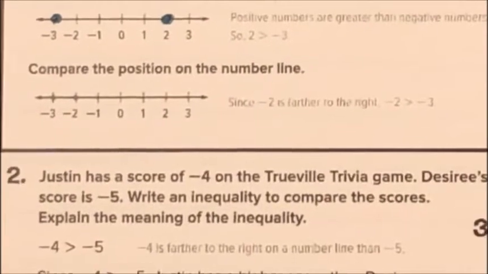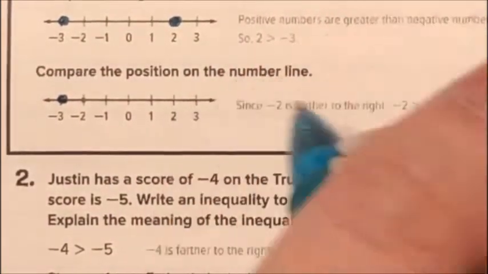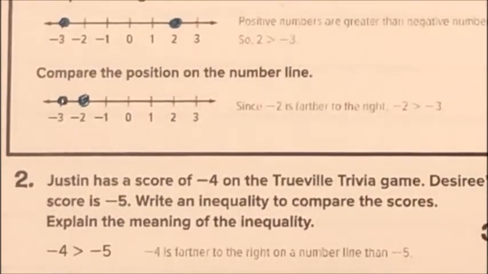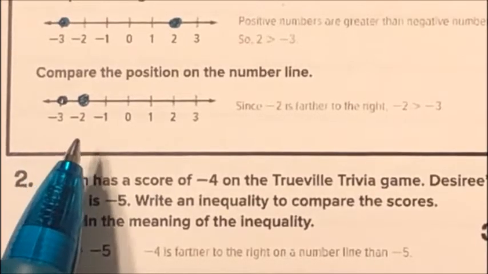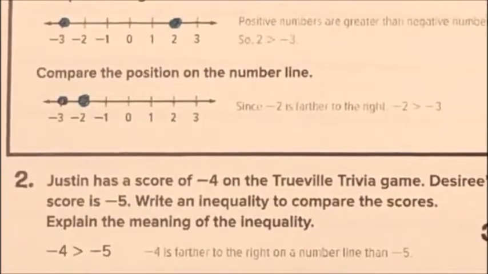I can also compare the position on the number line. So if I'm comparing -3 and -2, since -2 is farther to the right, -2 is bigger than -3.